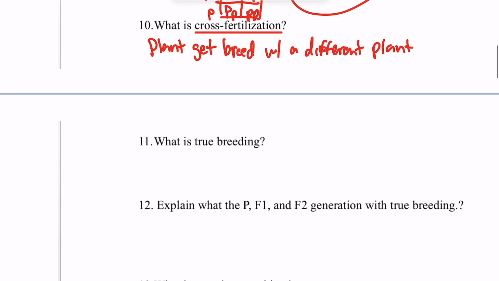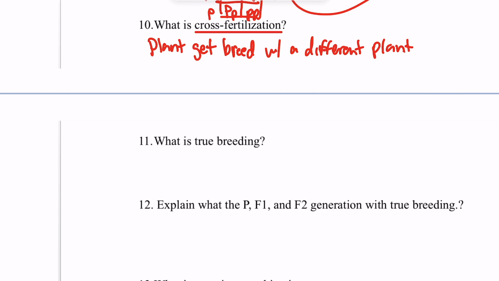Okay, so number 11 is another really important topic, and that is true breeding. True breeding is when it gets bred by a variety that will always produce the same offspring after several generations of self-fertilization. An example of this would be our homozygous dominant and recessive.